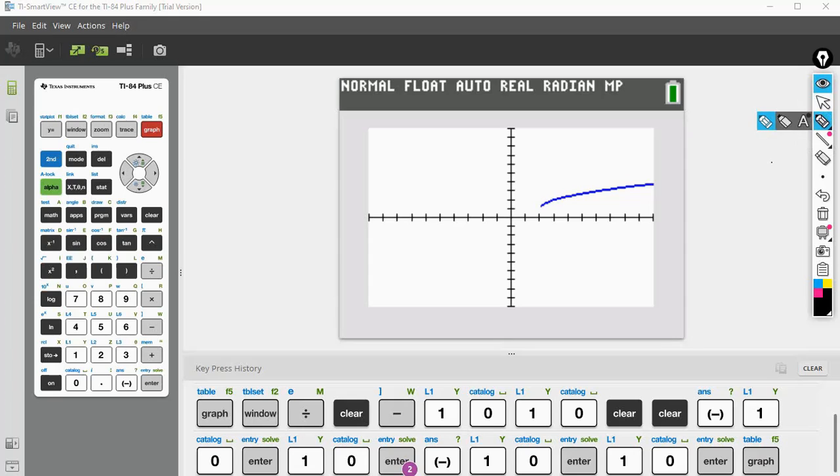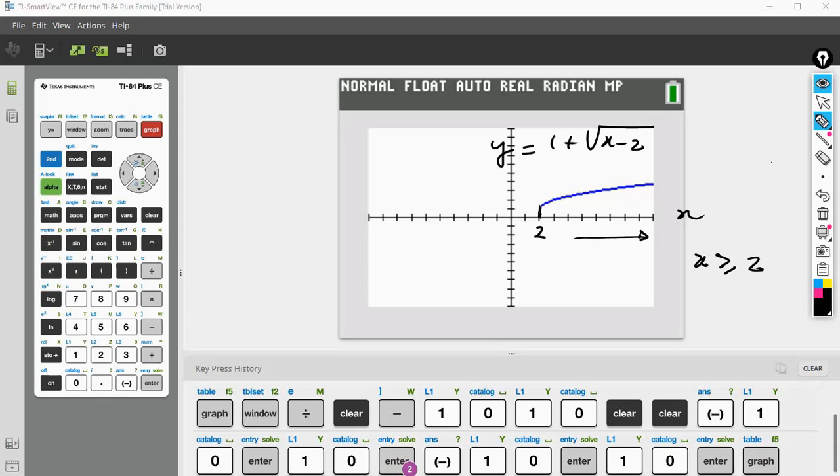So this is again y equals 1 plus the square root of x minus 2. So the domain we said is the x values or the input values. Notice that here, you can see that this is 2. And notice that the graph for x values starts at 2 and goes into infinity. Just like we said that the domain is x values greater than or equal to 2.